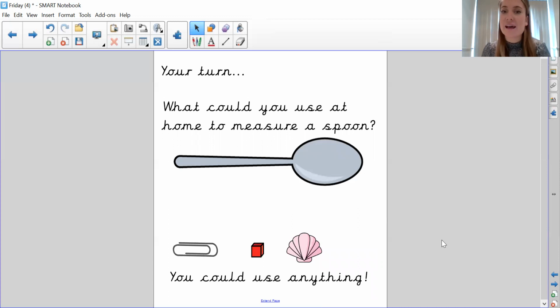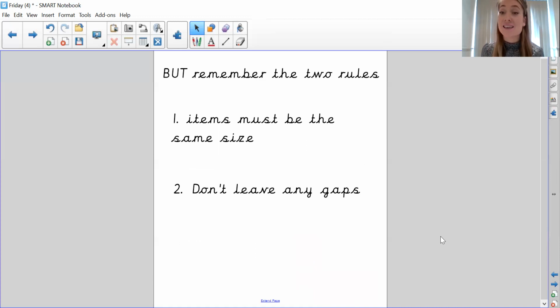So it's your turn now. I want you to have a think. You're going to measure a spoon around your house, okay? You could use anything that you could find, but you've got to remember those 2 rules. So rule number 1, let's remind ourselves, the items must be the same size, and we're not allowed to leave any gaps.